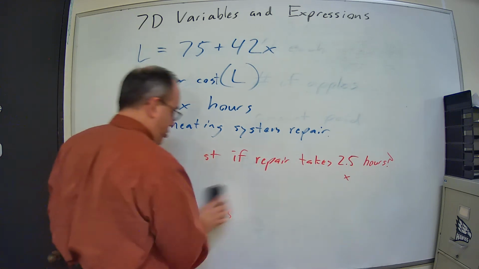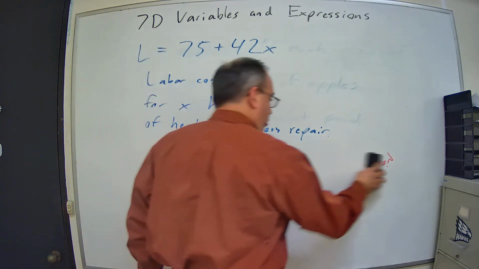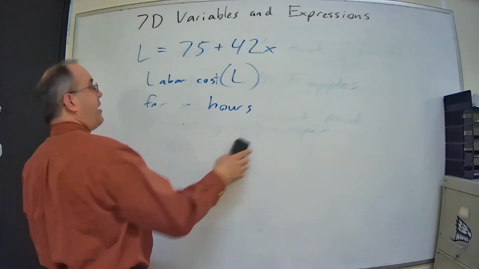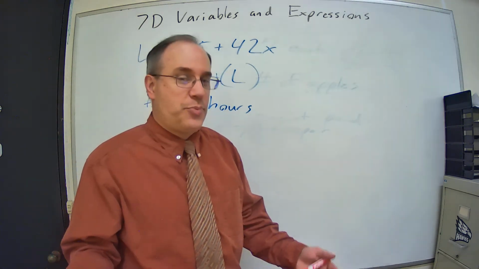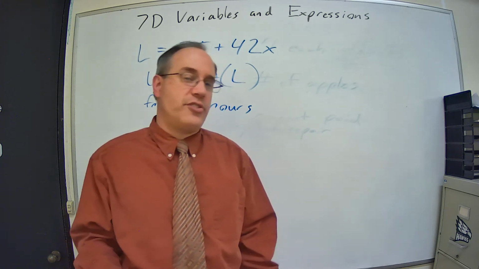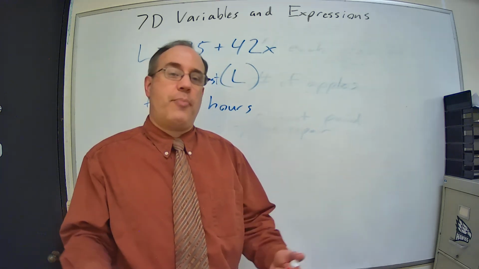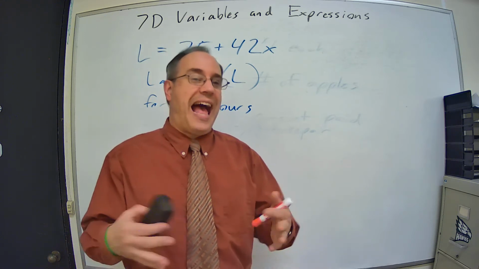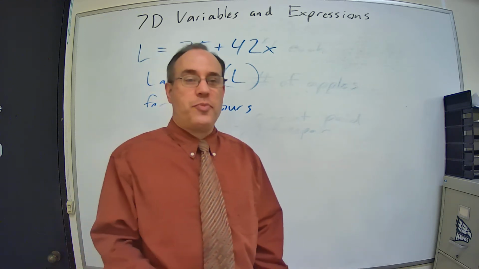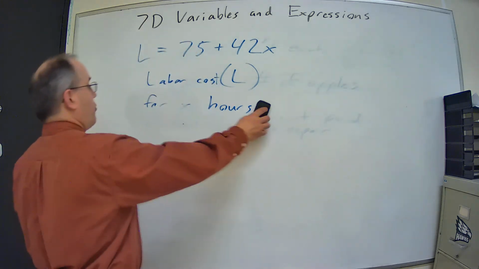So being able to translate either from words to an expression, and we could even call this an algebraic expression, because when we start dealing with letters and symbols to represent things and to act as variables, then we are dealing with algebra. Algebra just means that there's letters or symbols involved.